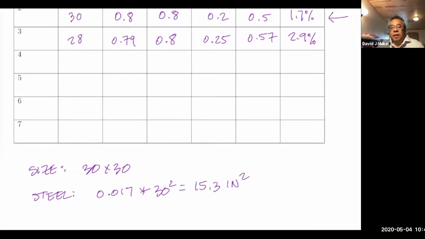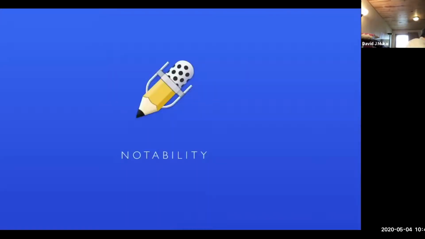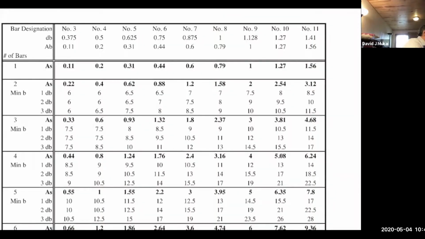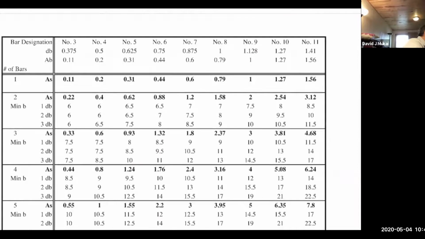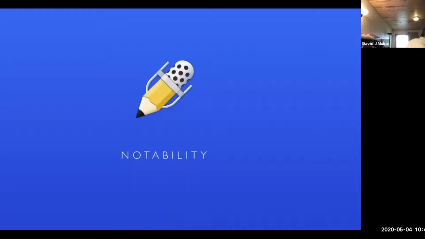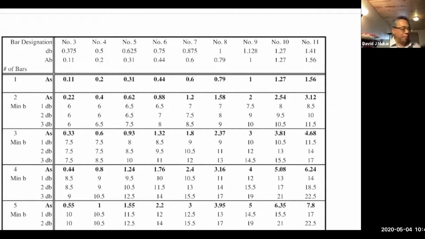Okay, so we need to find an even number of bars that has 15.3 square inches. Oh, this one doesn't have the big bars on it.